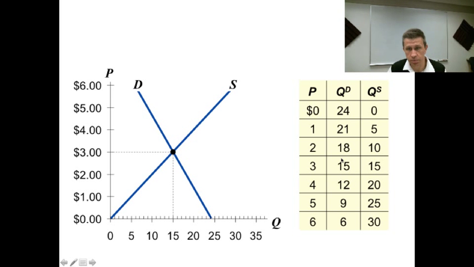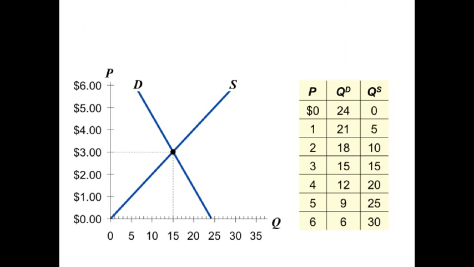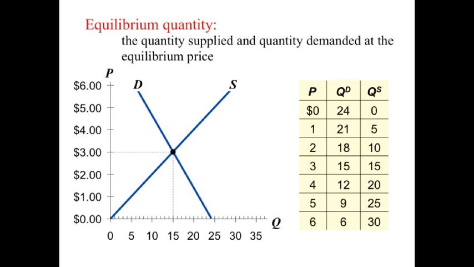Price of $3, quantity demanded 15, quantity supplied is also 15. So this covers both the equilibrium price and the equilibrium quantity.